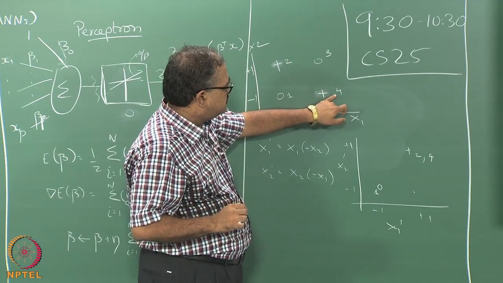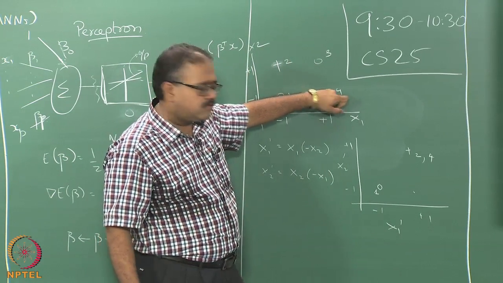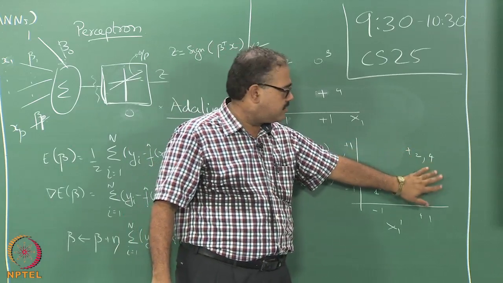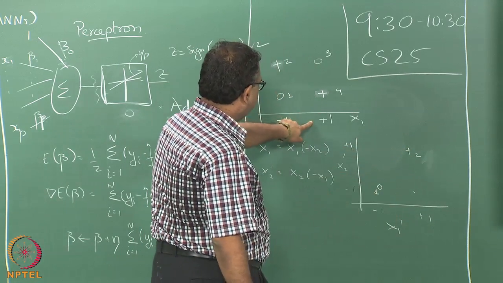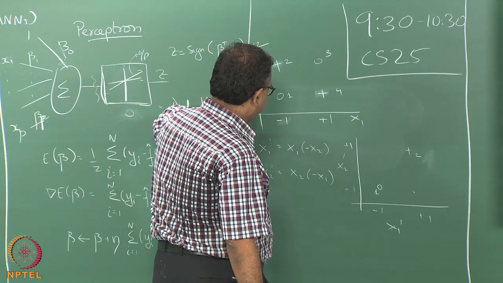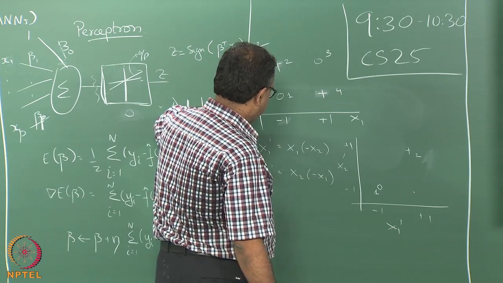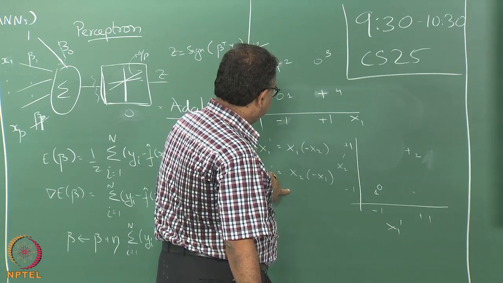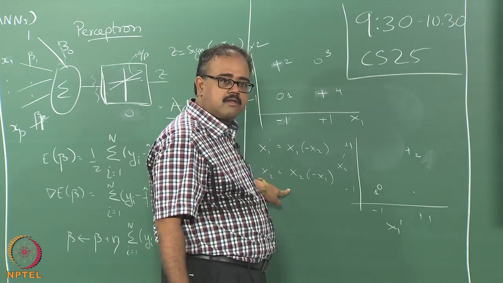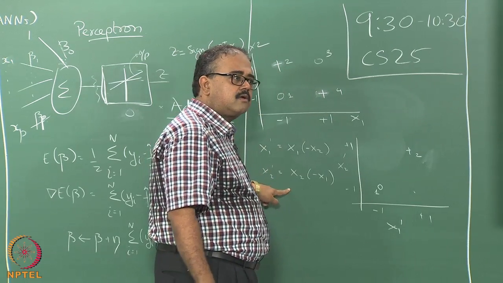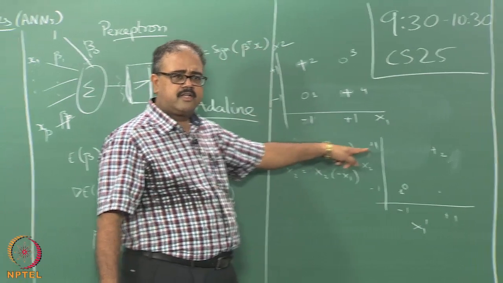So where will 4 go is my question. 4 went there. 4 is what? Plus 1 into plus 1, okay. Minus 1 into minus 1, plus 1 plus 1. That is 4 goes there, right?